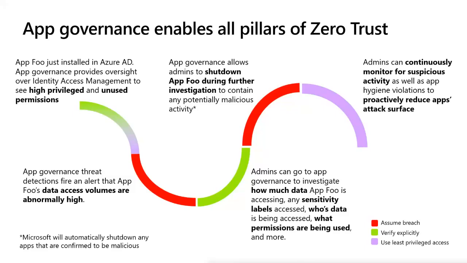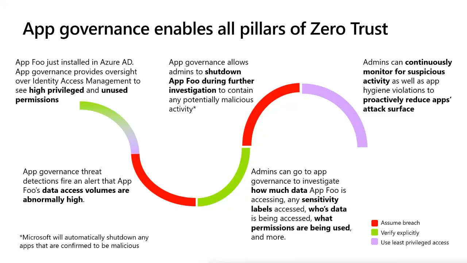And so once you install app governance, without even having to configure any policies or anything else, you're able to get the goodness of threat detections that run on machine learning created by our research team on commonly seen attack patterns. Moving over, and that maps to assume breach. Of course, you have to proactively monitor for any abnormal activity and assume breach.